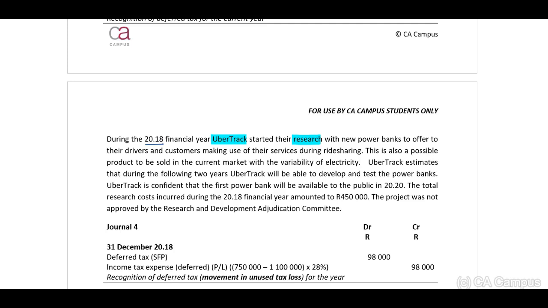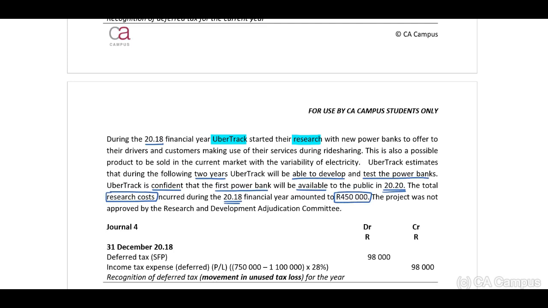UberTrack estimates that during the following 2 years, UberTrack will be able to develop and test the power banks. UberTrack is confident that the first power bank will be available to the public in 2020. The total research costs incurred during the 2018 financial year amounted to 450,000.